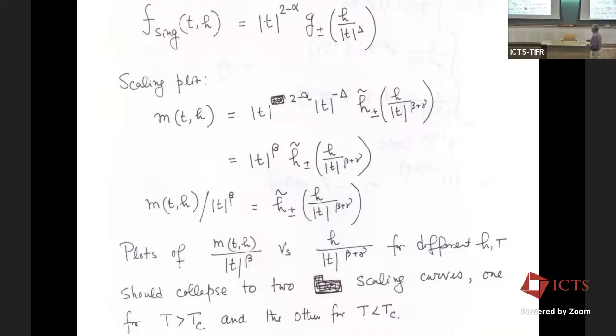One will get two master curves, because one is for t bigger than Tc and one is for t less than Tc. This is something that people use very commonly to calculate the critical exponents, either from simulation data or from experimental data. What are the values of beta and gamma for which you will get this scaling collapse?